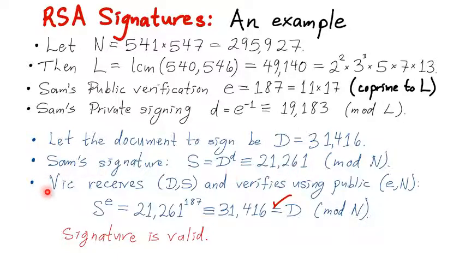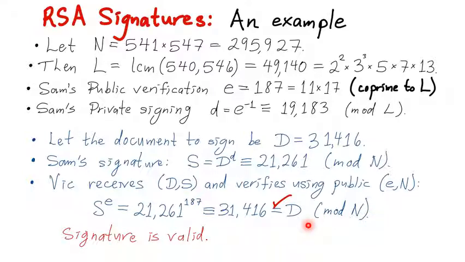Now the verifier Victor receives the document 31,416 and the signature 21,261, and he also has access to the verification key E. So raising S to the E, 21,261 to 187, doing arithmetic modulo N, you get 31,416.